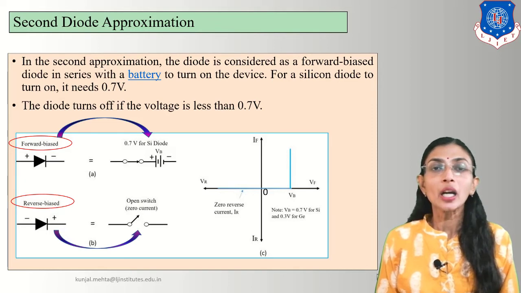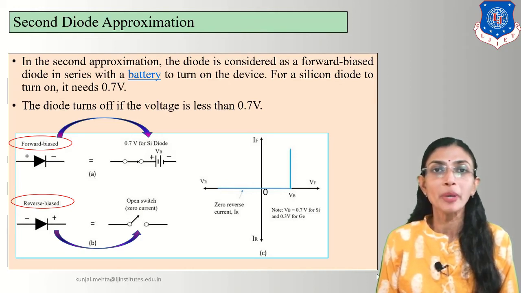So finally, according to the graphical representation of the two cases, that means the VI characteristic for forward bias, the current will flow due to less resistance, but there is a barrier potential of the diode, 0.7, present, so current will flow after 0.7.